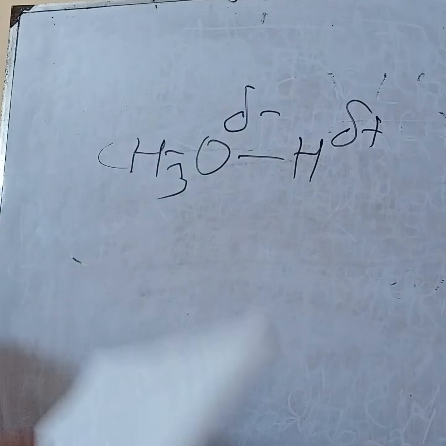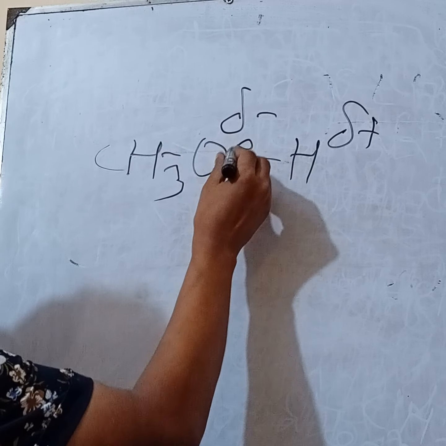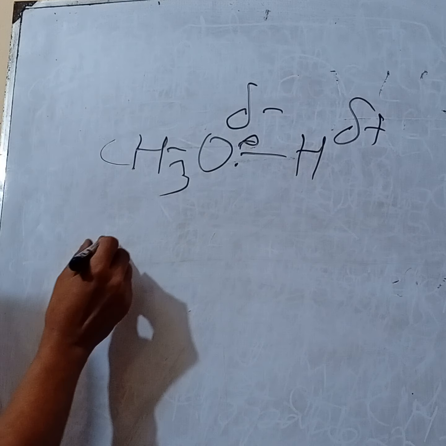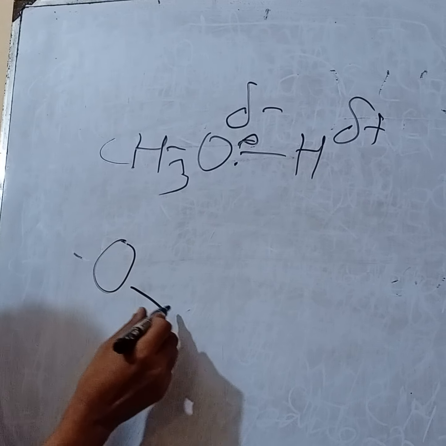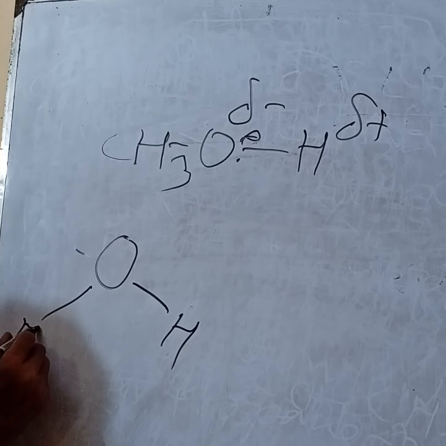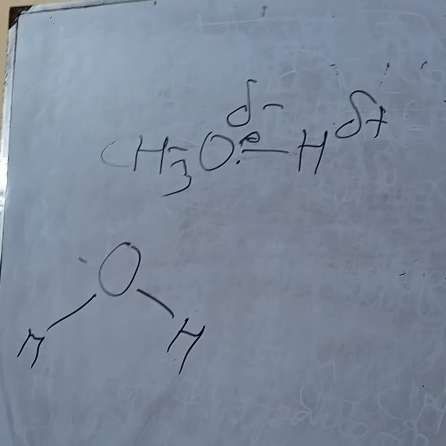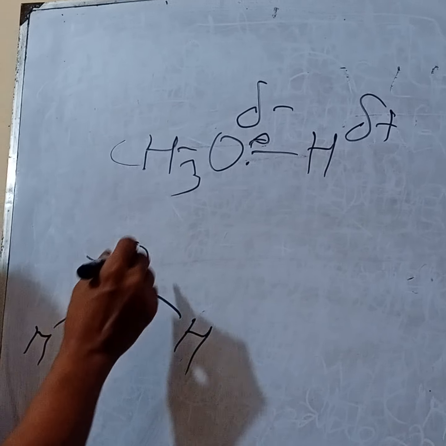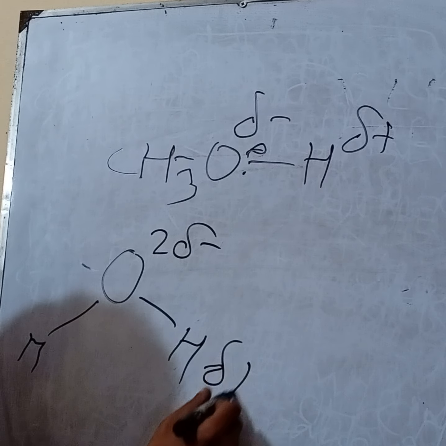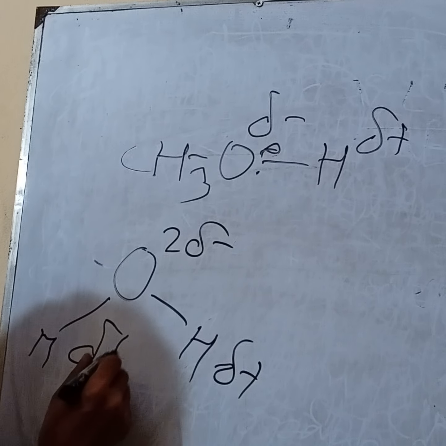Oxygen attracts the electron. So in water, what is the polar bond? A polar bond means oxygen is much more negative than hydrogen: delta minus on oxygen, delta plus on hydrogen.